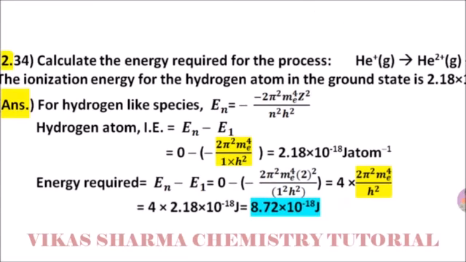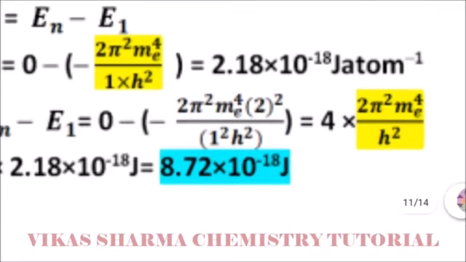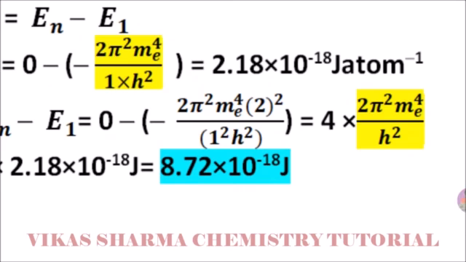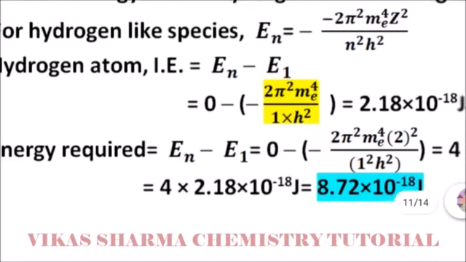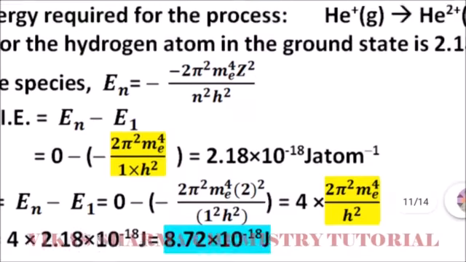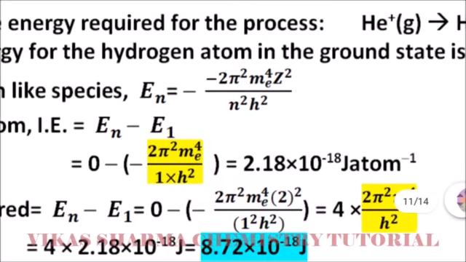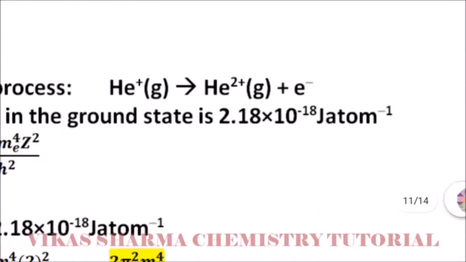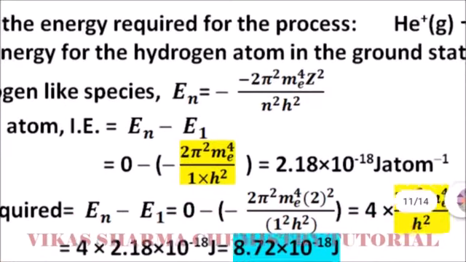Energy required is equal to E infinite minus E1 is equal to 0 minus 2π²me⁴ × 2² divided by 1² h². So it is equal to 4 times 2π²me⁴ divided by h². So this value is similar to the upper value, which is 2.18 × 10^-18.